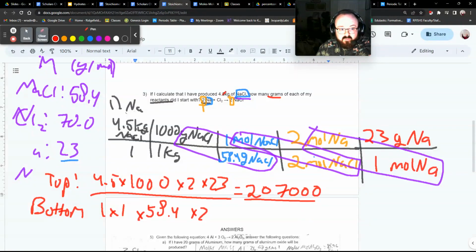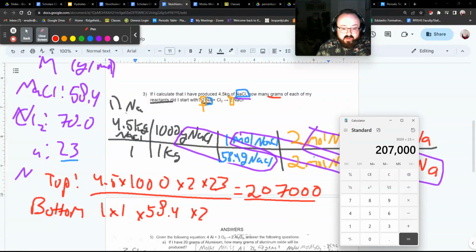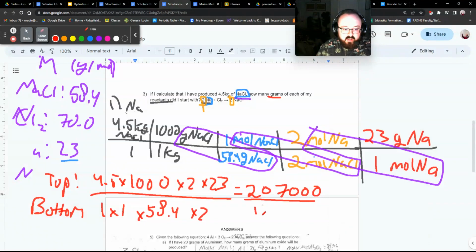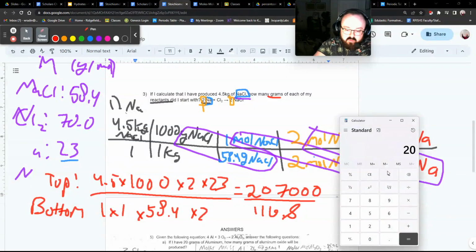Now remember, I'm starting with 4.5 kilograms. That's a lot of salt. So we should expect our answer to be pretty big. Just letting you know. 1 times 58.4 times 2, 116.8. 207,000 divided by 116.8.